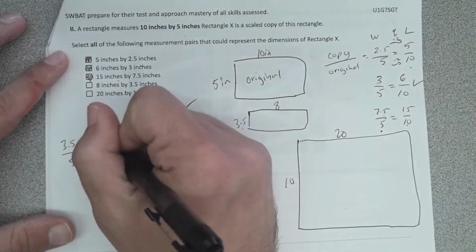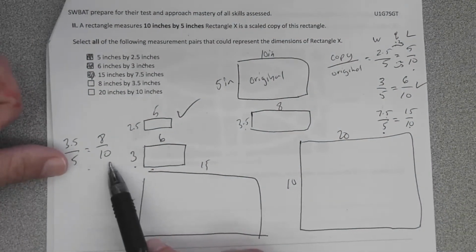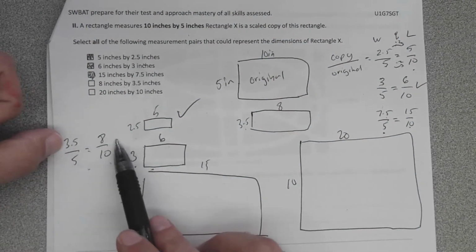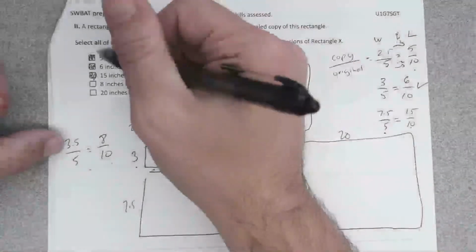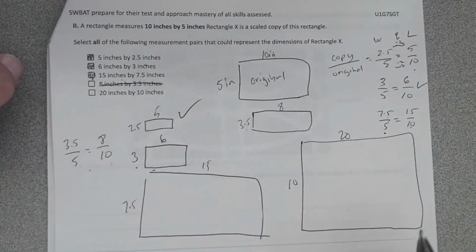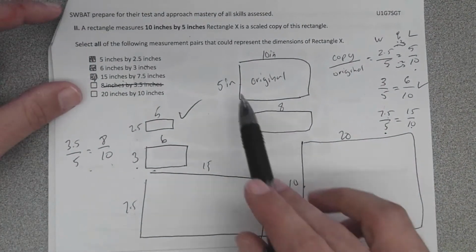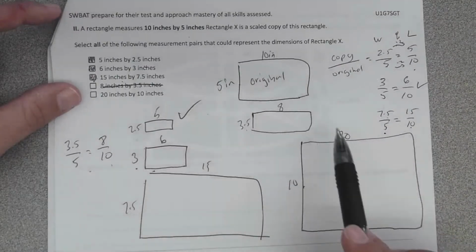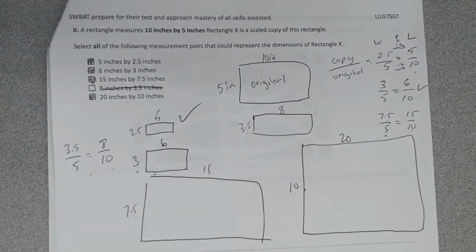So is that equivalent to 8 over 10? Well, 5 times 2 is 10. Is 3.5 times 2 8? No, 3.5 times 2 is 7. So we know that this one is not an answer. And then our last one's pretty straightforward, right? 5 times 2 is 10. 10 times 2 is 20. So that one is a scaled copy.